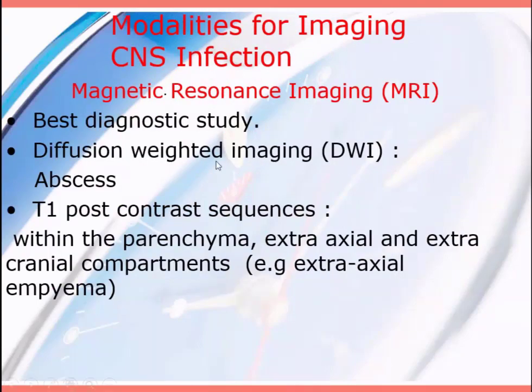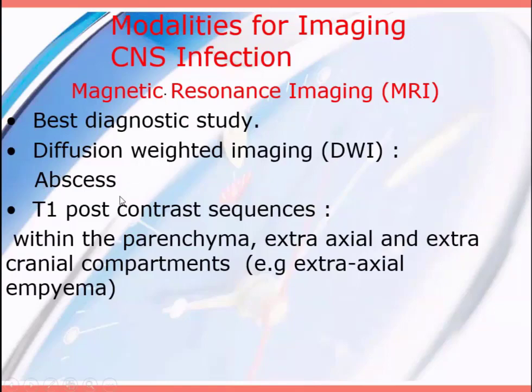Then we go further for the magnetic resonance imaging, which is the best diagnostic study, a gold standard for detection of CNS infection. And we can add also the diffusion-weighted images, because the diffusion can detect any active infection, any acute insult in the brain. We have diffusion restriction.